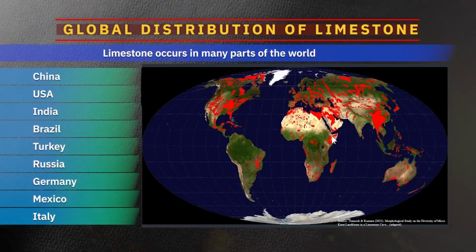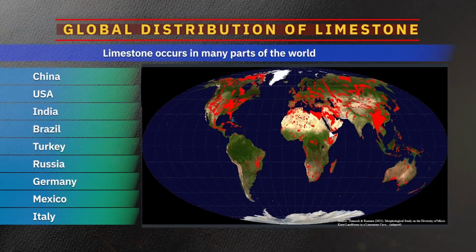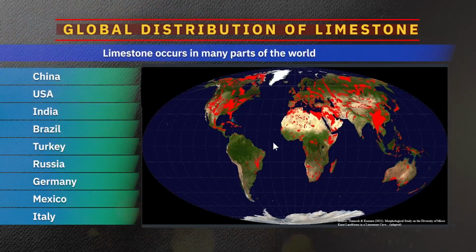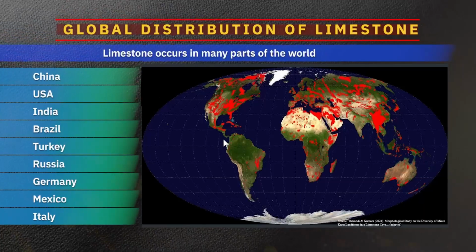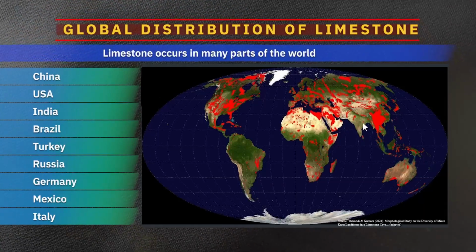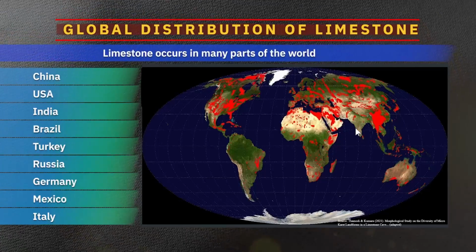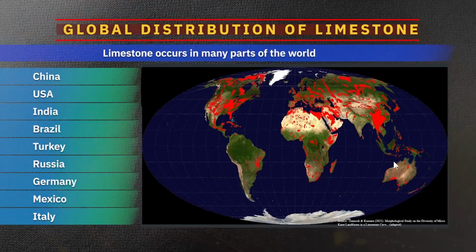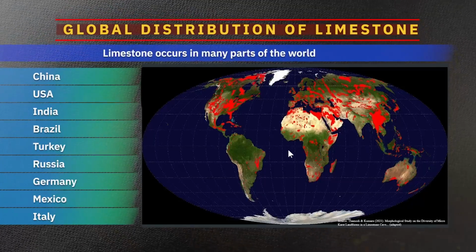But very little limestone can be seen in northern Africa, South America, the southern portion of India, and in Australia there is also very little concentration of limestone.